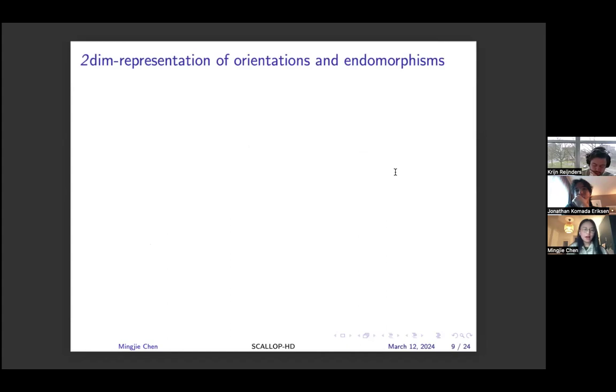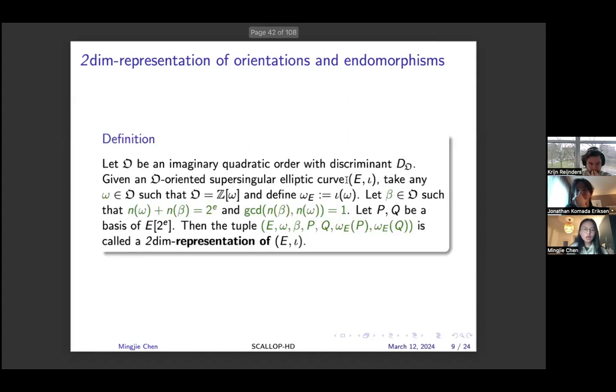Now we define a new orientation and endomorphism representation specifically for our task, which is to represent the quadratic order. Let O be an imaginary quadratic order with discriminant d_O.